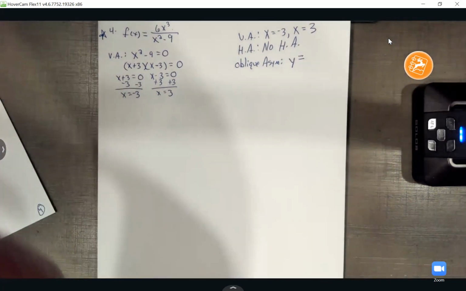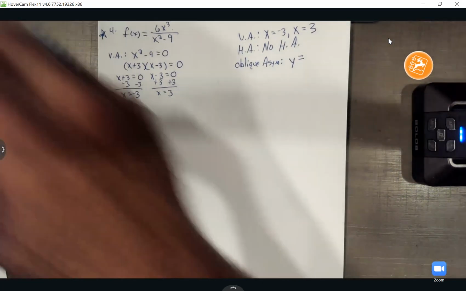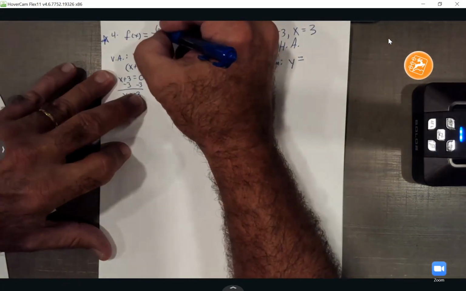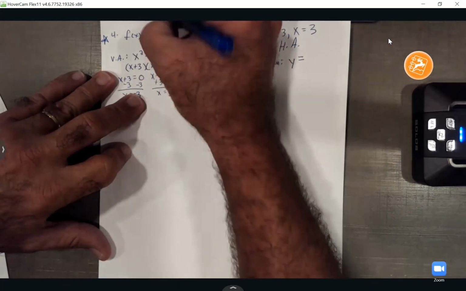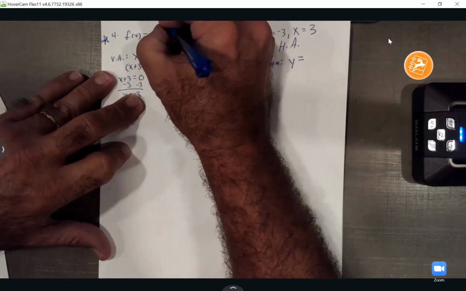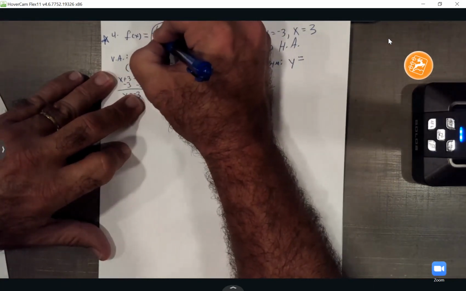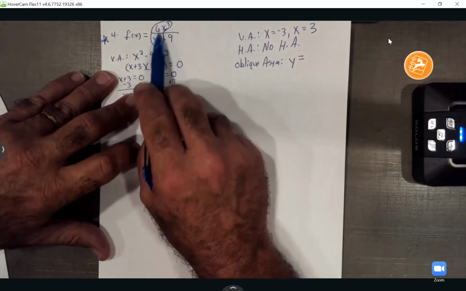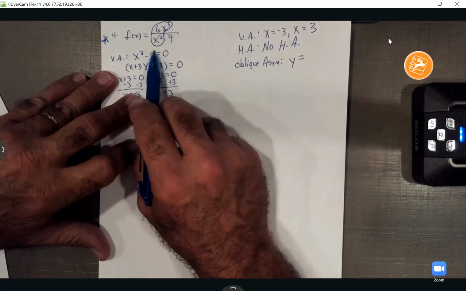So let me see how they're doing it in here. Yeah, they're doing it the same way. To get the oblique, since there's no horizontal asymptote, you take the top term and the bottom term, the first 2 terms that have your degree in them, and you divide them.